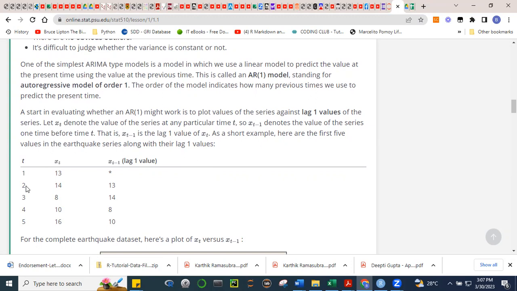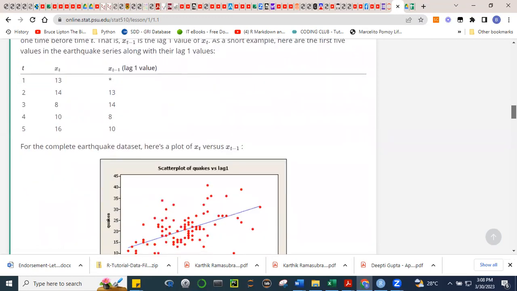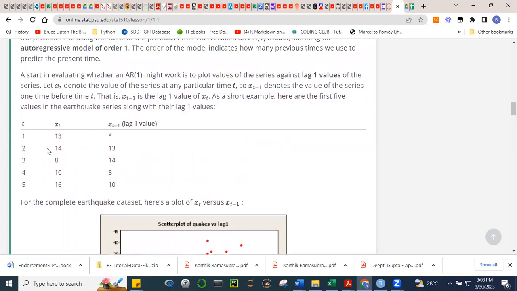So what we're going to do is get the lag 1 value, x of t minus 1, which is the lag 1 value of x sub t.